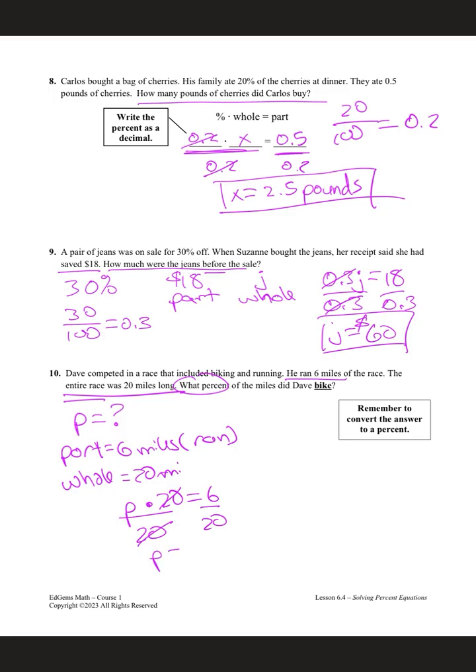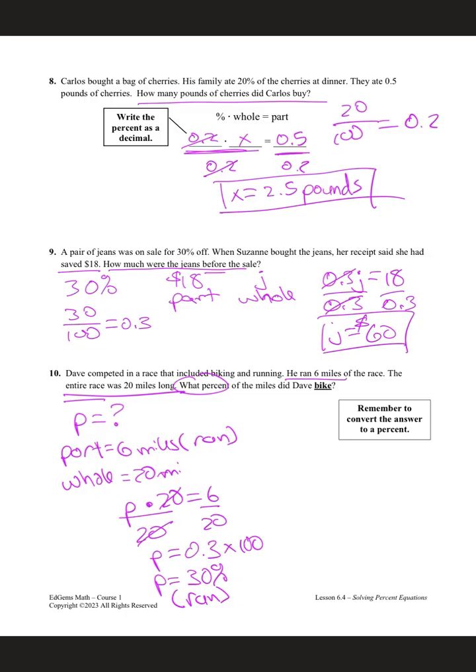So P equals 6 divided by 20. And 6 divided by 20 is 0.3. Now, we have to convert that to a percent. So we're going to multiply this by 100. So P equals 30%. Now, that's how much he ran. Okay, so he ran 30% of the race.